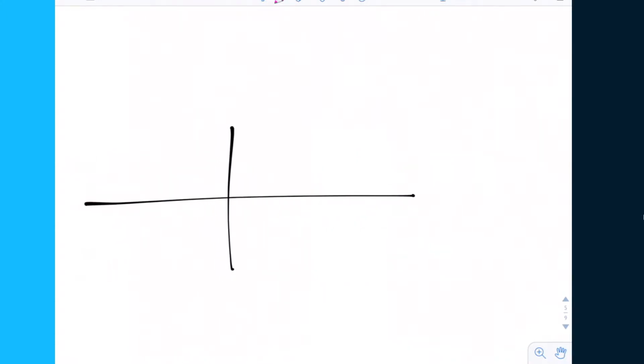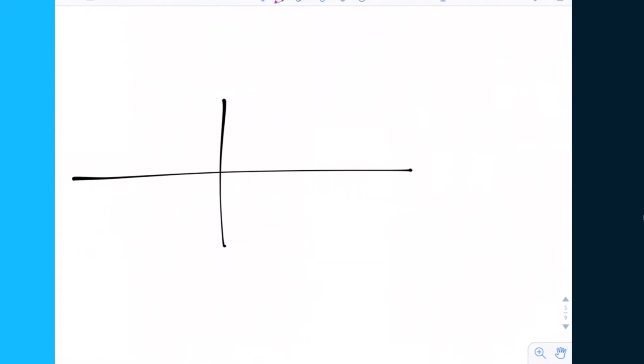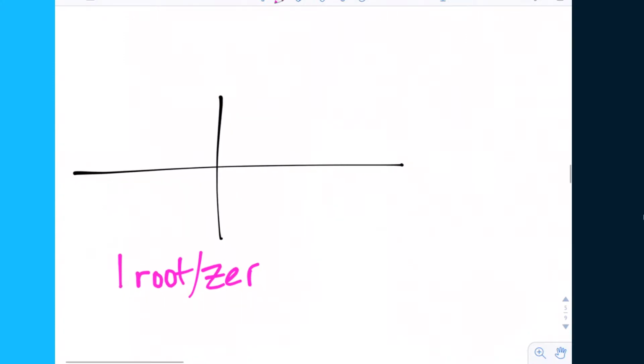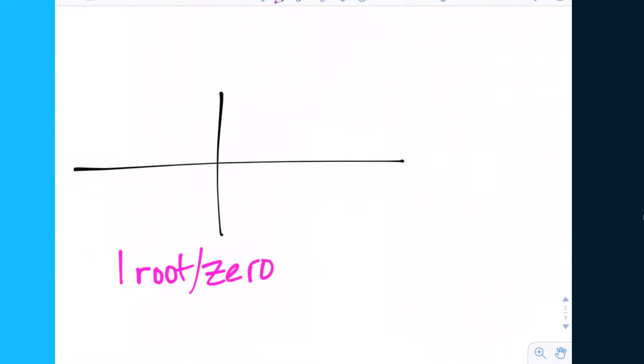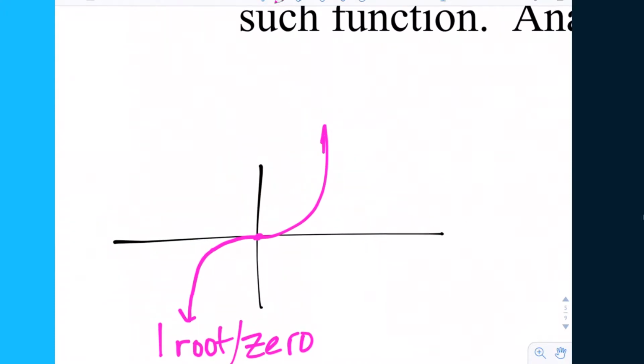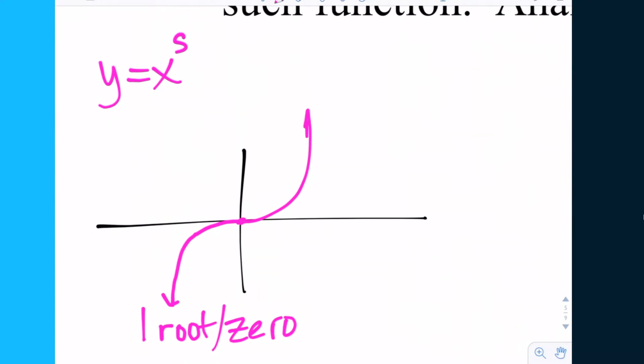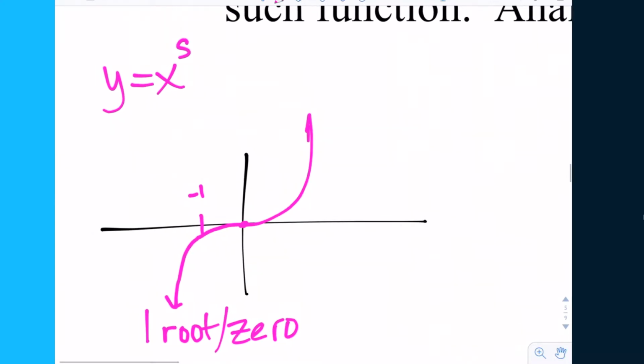All right, so a fifth degree polynomial. Let's go ahead and see if we could draw it with 1 root, or 1 zero. Well, I think I can handle that, right? Because the parent function itself, let's look at y equals x to the 5th. Remember, it looked a lot like x cubed, except it was flatter between -1 and 1.